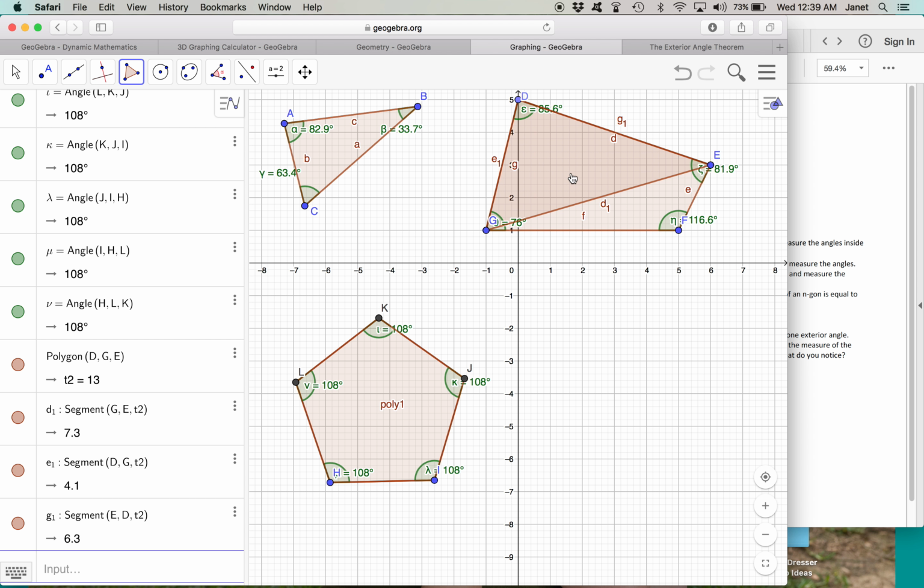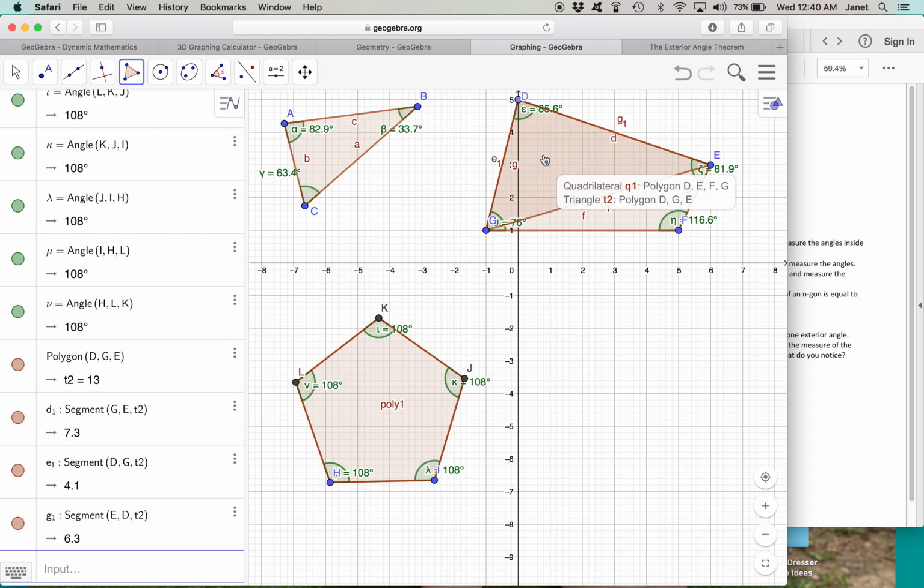I have 2 triangles making up my quadrilateral. Now, I know for a fact that one of these triangles has a sum of 180 degrees, and this other one also has a sum of 180 degrees. But if you want to check, you can. You would just do the same thing we did before, the interior angle measurements, and then add them together to see if they are 180 degrees.